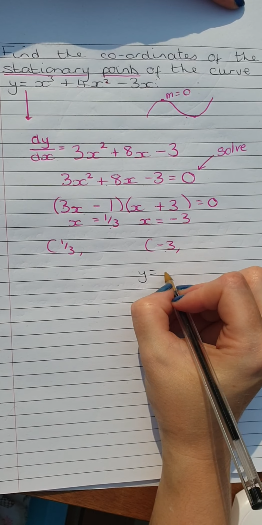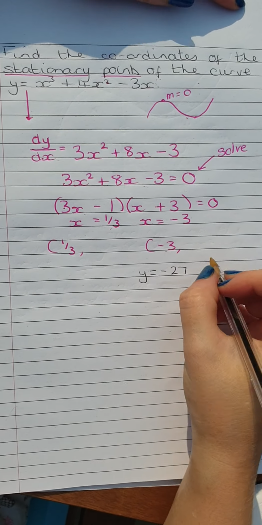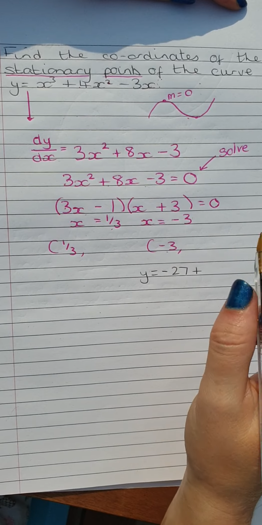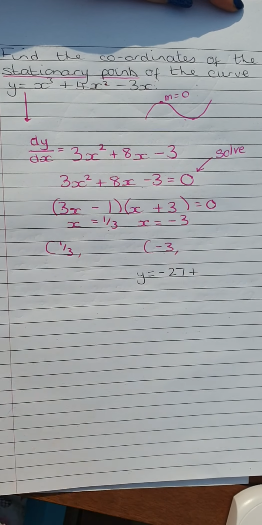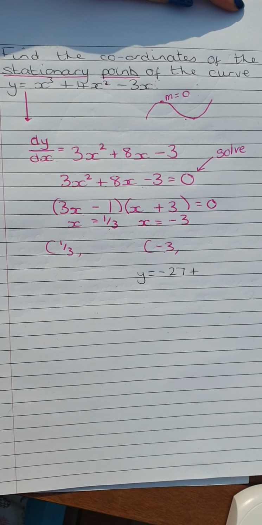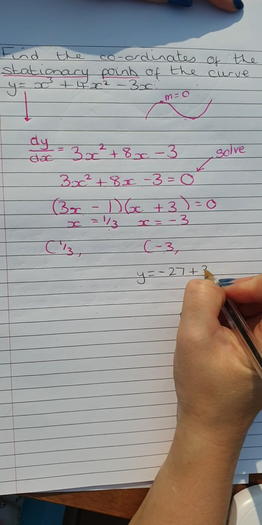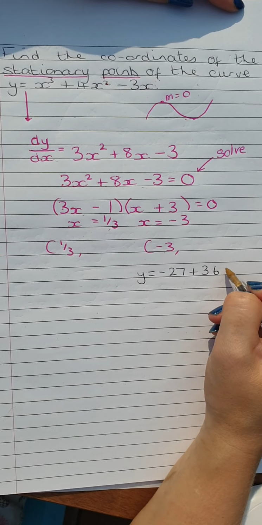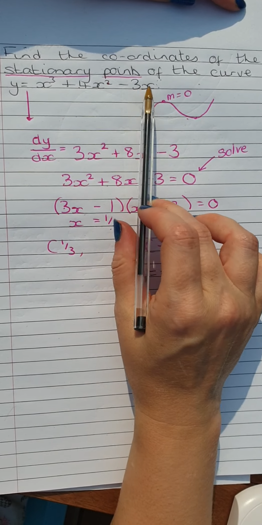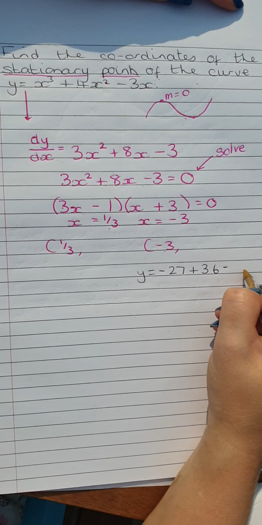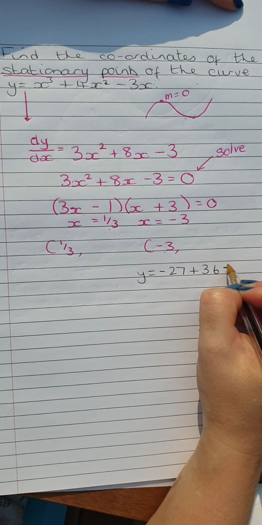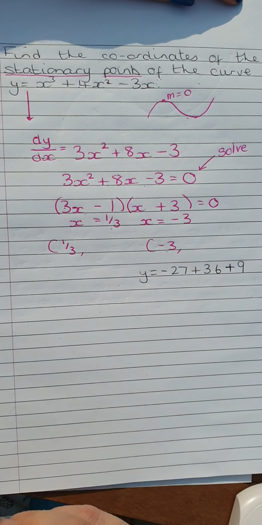minus 3 cubed, minus 27, plus 4 times minus 3 squared. Minus 3 squared is 9, 9 times 4 is 36. Minus 3 times minus 3 is minus 9, a minus and a minus is a plus, so I've got plus 9.